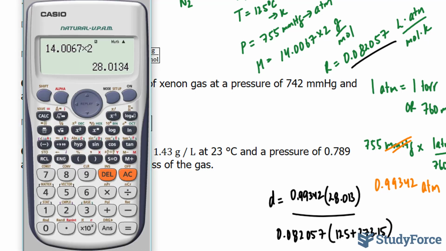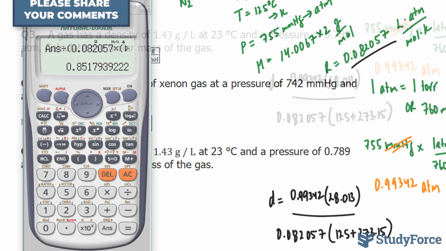Let's go ahead and figure this out, starting with the numerator, the top part of this fraction. 0.99342 times 28.013, we just found the top, divided by 0.082057 times, and I'll put this in brackets just so that my calculator doesn't get confused as to what I'm doing, 273.15, and I end up with a density of 0.85179.